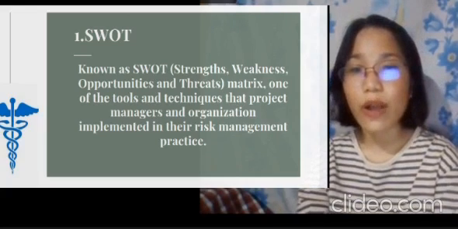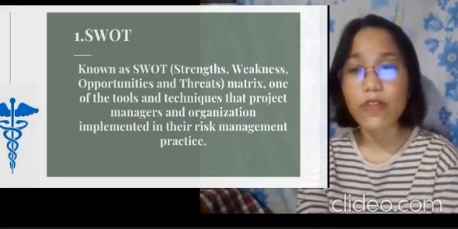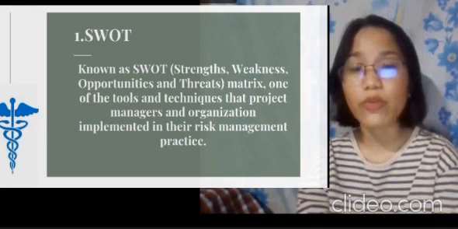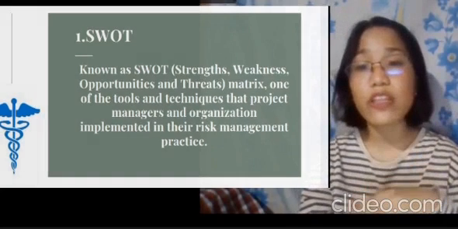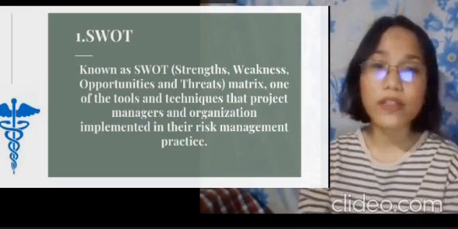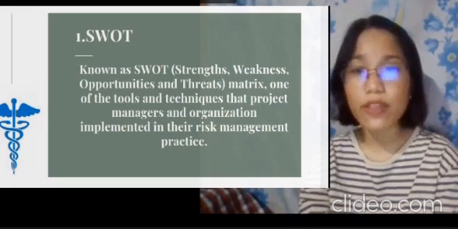The simplest diagram in doing the SWOT is the box-like. Everyone is familiar with the Punnett square, right? The simple Punnett square, with two boxes below and two boxes above. For the upper left, you will put the strength.